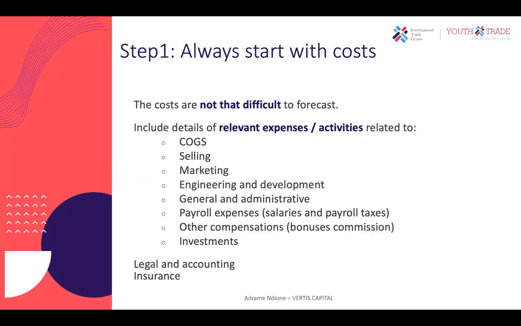Once you have done your assumptions, now you start with your cost. People say you can start with your revenue, etc. Honestly, to be pragmatic, you start with your cost, because costs are really easy to forecast, because you know exactly what would be your cost of sales, your marketing, your engineering, your admin staff, the salaries, etc. All these things, you can know them. You just call someone that you know in the industry.